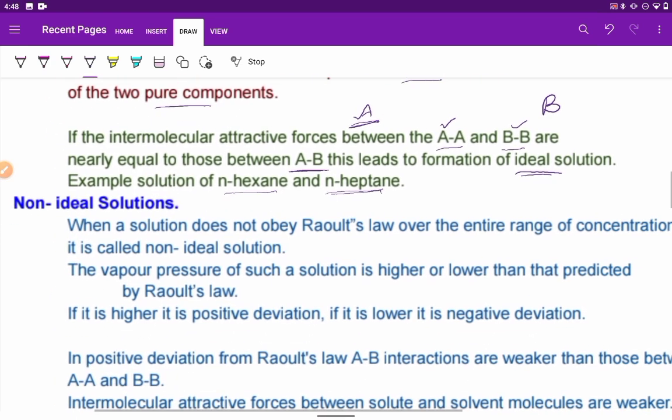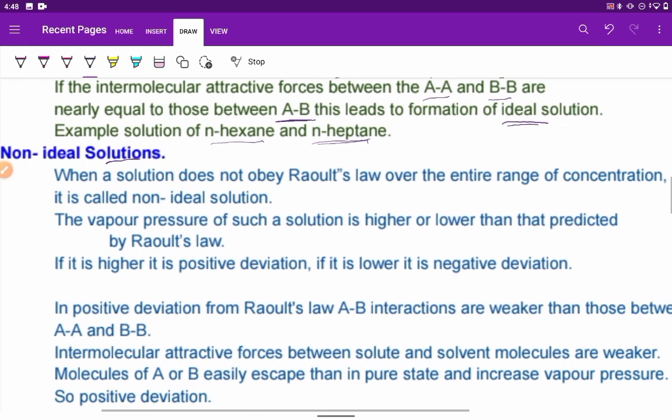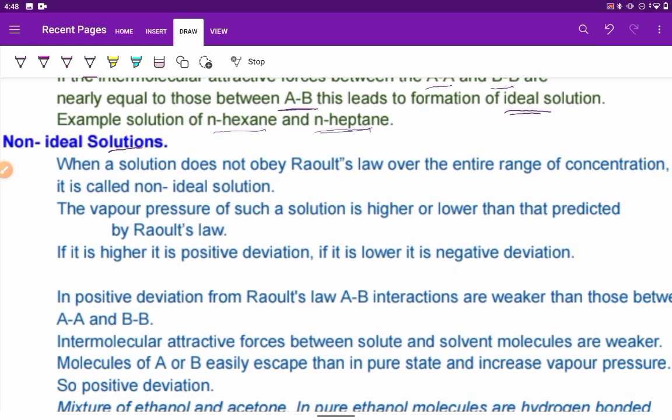At the same time, there is another type which is known as non-ideal solution. Whenever a solution does not obey Raoult's law for the entire range of concentration, we call it a non-ideal solution.